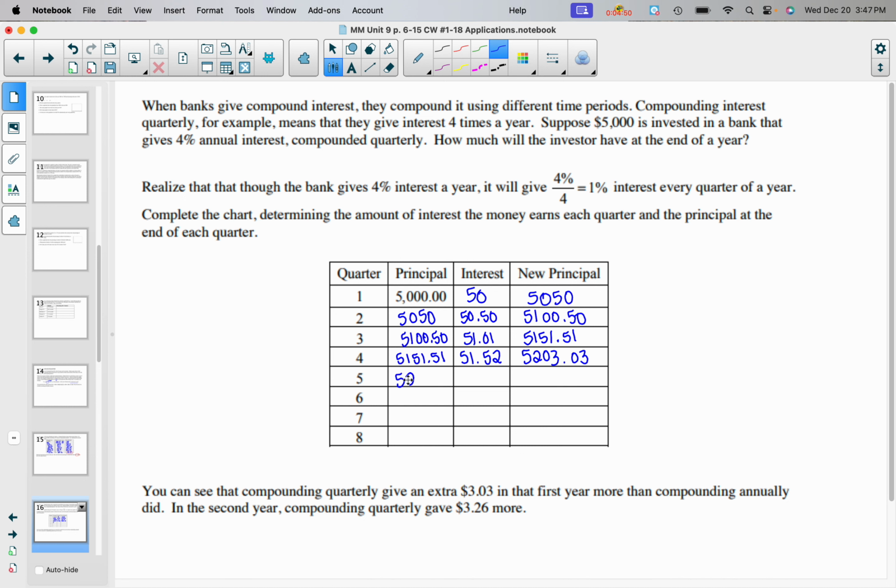So next, going into the next quarter, we have this amount, and 1% of that would be this accrued interest. And we're going to continue this. I'm not going to pause it since there's not that many boxes left to fill in. So 52.55.